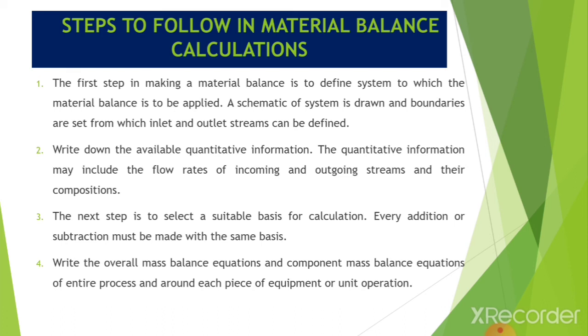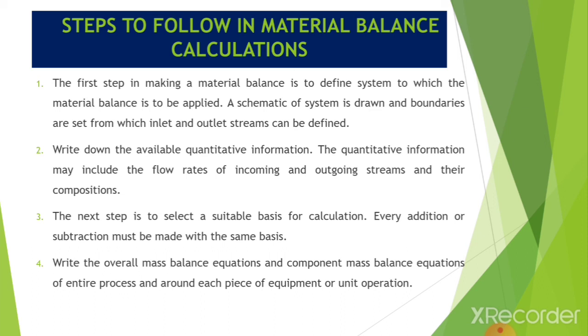The third step is to select a suitable basis for calculations. In some numerical problems, material balances or energy balances, there is no suitable basis given. That suitable basis we have to assume in that case. In some examples, that suitable basis is given, so in that case there is no problem to apply the material balance.